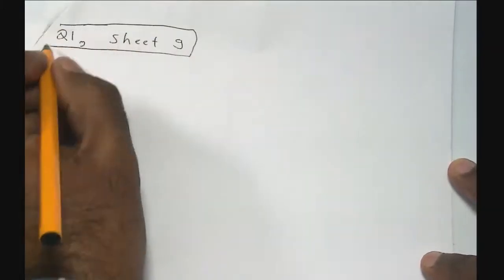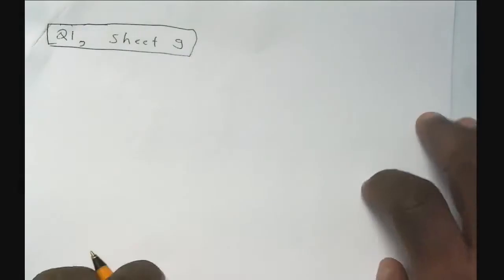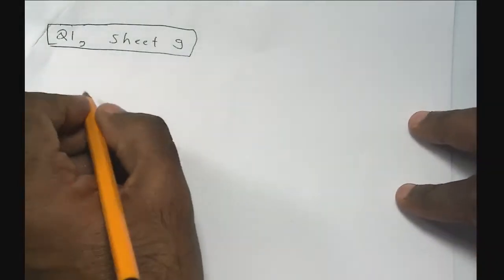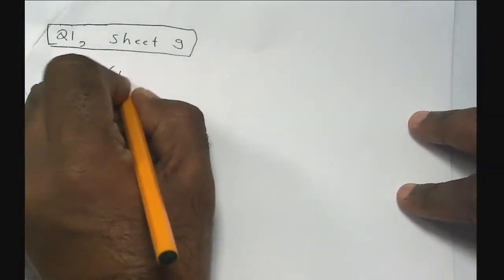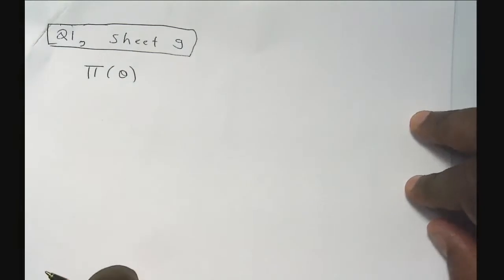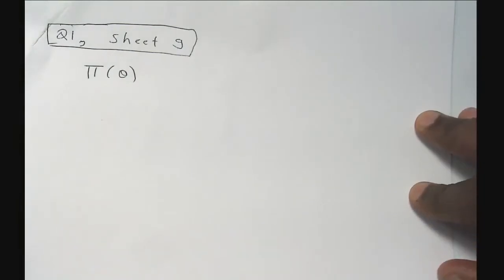All you need to realize is that you just need to use the notes, guys. Alright, this is question 1. You are asked to find the power function of theta, because theta is the parameter.